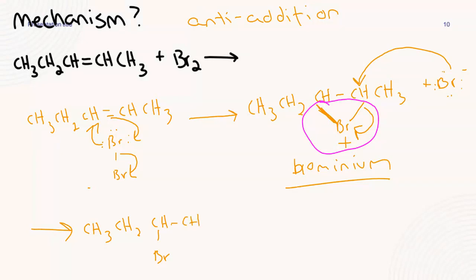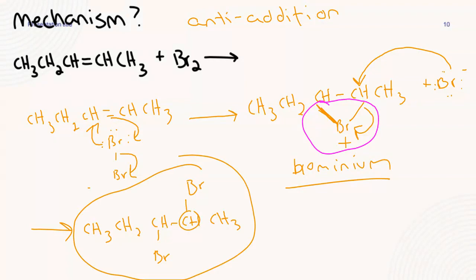And then this bond formed up here. And both of these are chiral. I didn't show you the structure here, but just keep that in mind when you're doing these problems.